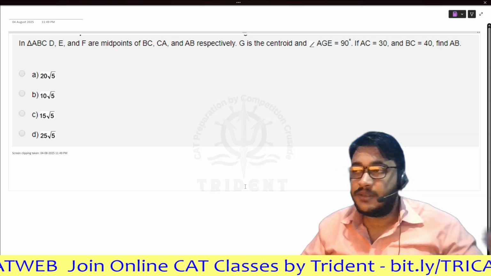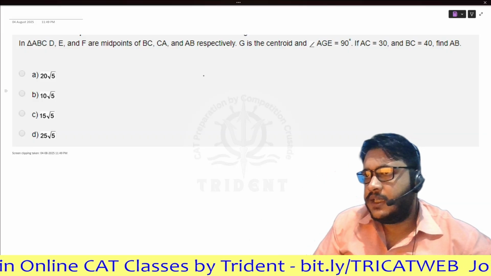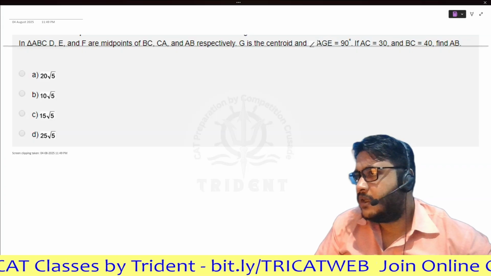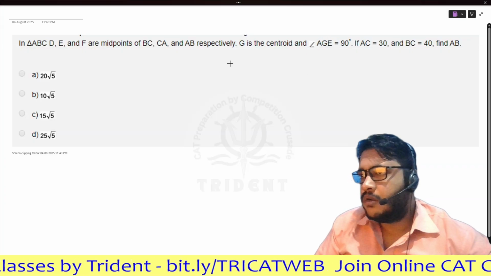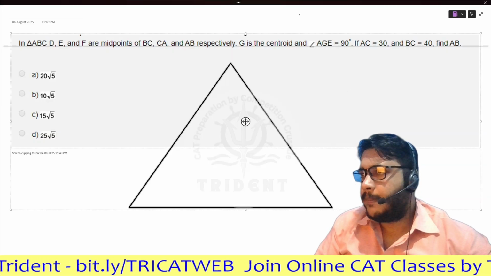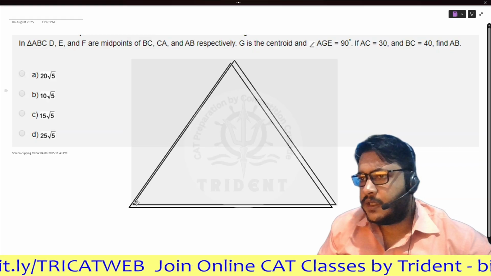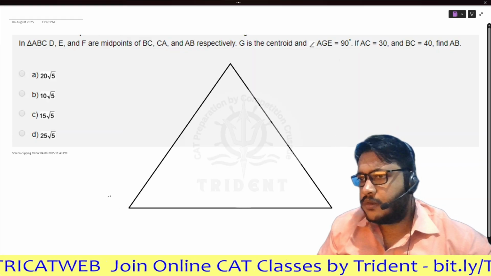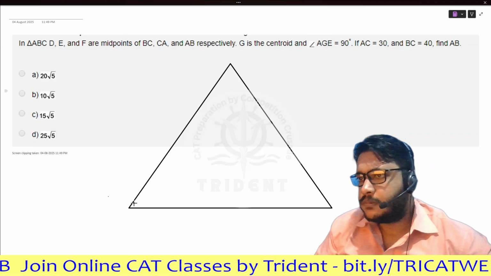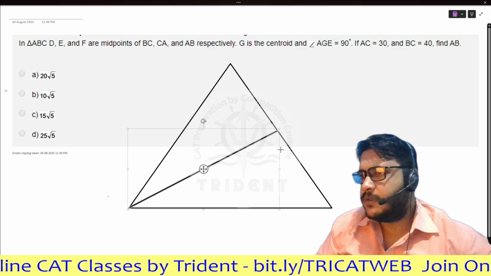This is a seemingly interesting question. It says that there is a triangle ABC and D, E and F are the midpoints. So let's see if we can draw a triangle. Okay. And we have the midpoints, right? So let's say this is the first midpoint.